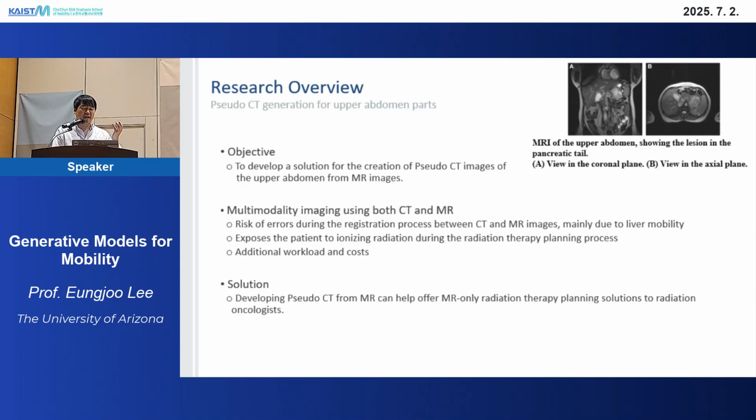They were interested in relying on just a single modality and trying to produce CT, or pseudo-CT, images. To solve this problem, we tried to develop pseudo-CT from MR, which can help offer an MR-only radiation therapy planning solution to radiation oncologists.